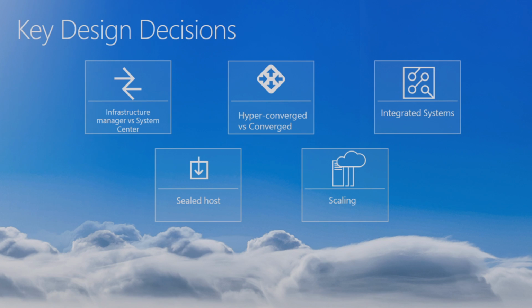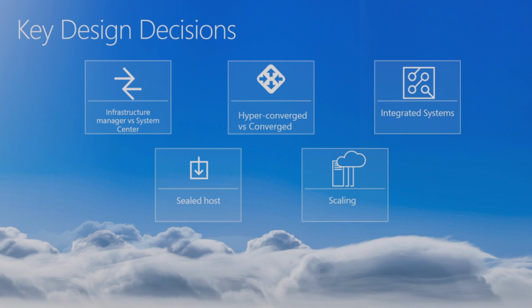And we've got some great technologies in Windows Server 2016. And so to make sure that we have an economical start point for you to start your cloud journey, we settled on using a hyper-converged architecture, using Windows Server 2016. And Storage Spaces Direct, which is a technology that's contained within Windows Server 2016.